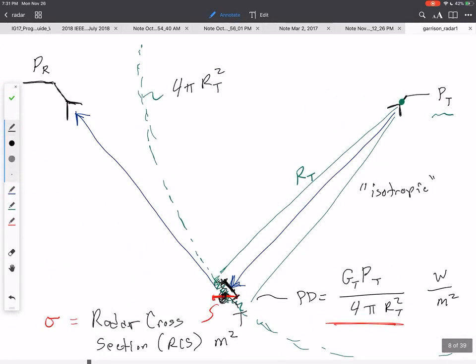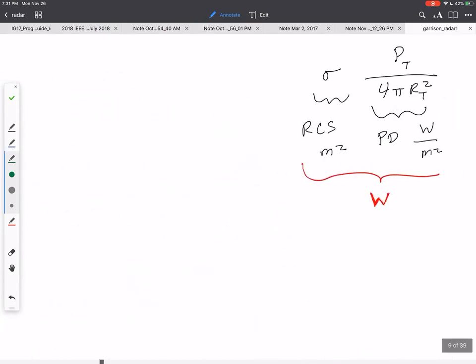Well, if I draw my imaginary sphere around my receiver at a distance r to the receiver, my power density at the receiver then is simply this incident power divided by the area of that sphere. So this will be my sphere through the receiver.